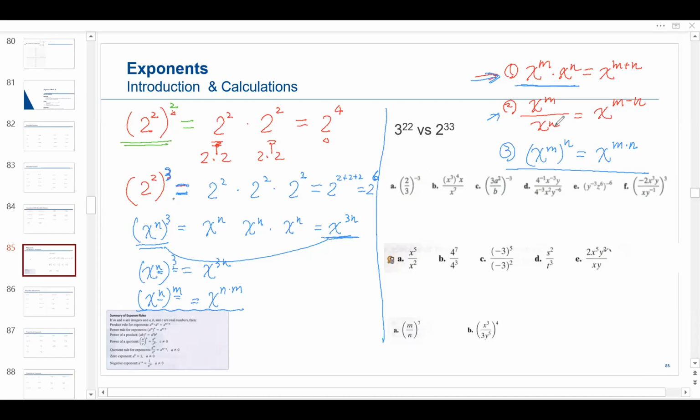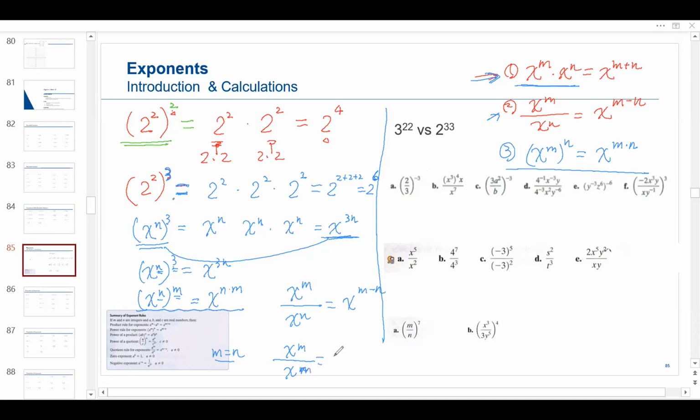So if m equals n, we know, using the quotient rule, it is like this, right? If m exactly equals n, we replace n by m.